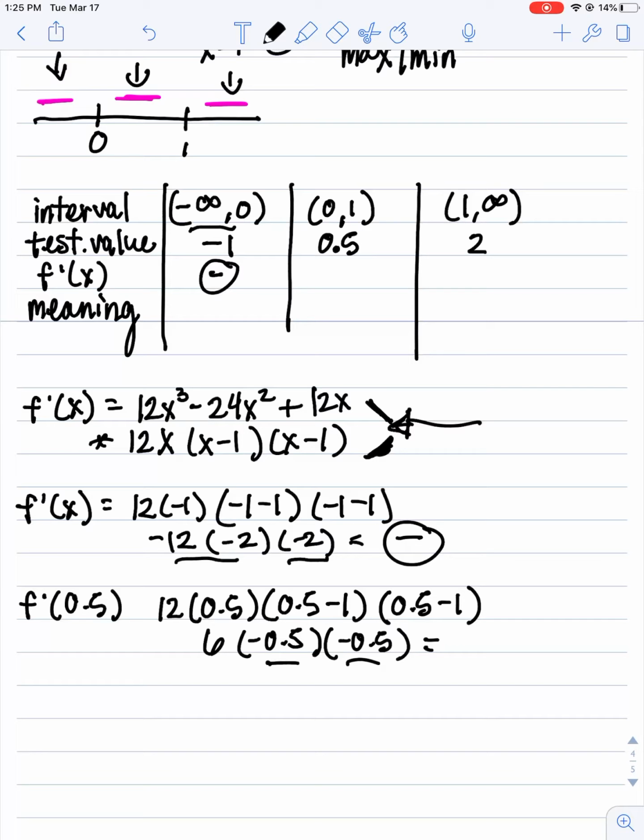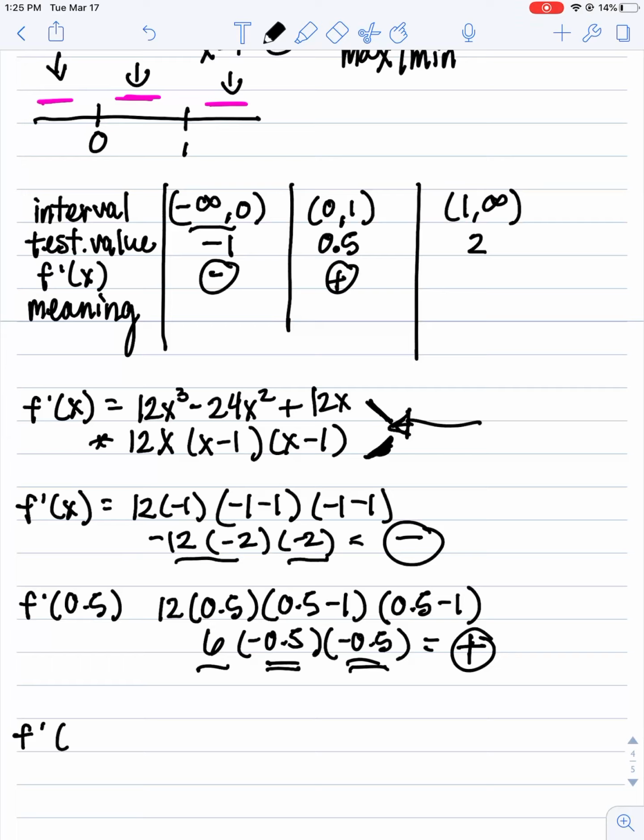A negative times a negative is a positive, and a positive times 6 is still positive. Again, I don't care what positive number it is. I just know if I multiply number 1 times number 2 times number 3, I get out a positive. So do it one more time.